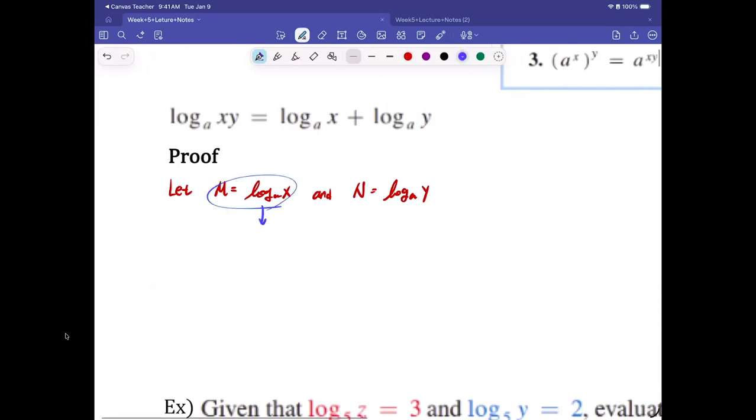Last week we learned about the log definition, right? If we have a log equation, then we can change it to the exponential equation. The exponential equations are a to the m is equal to x, and a to the n is equal to y. So this is the log equation changed to the exponential equation.